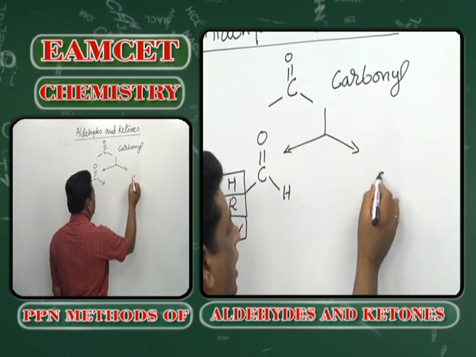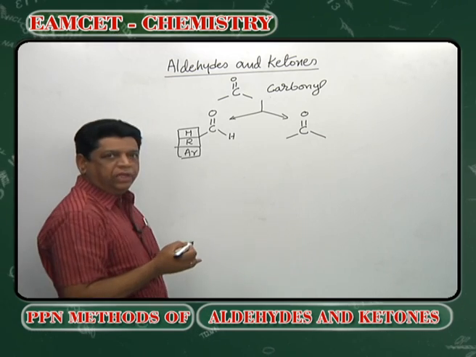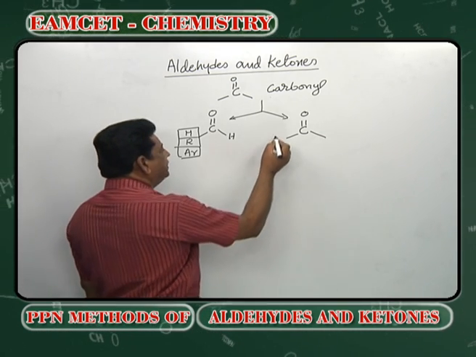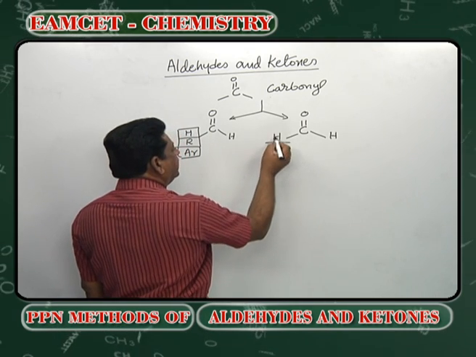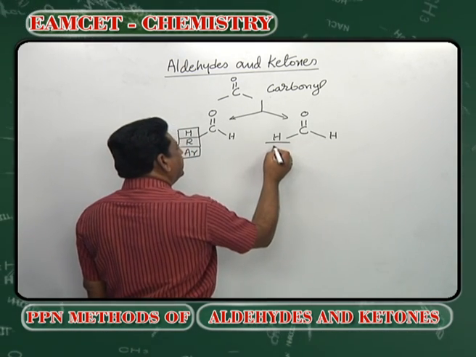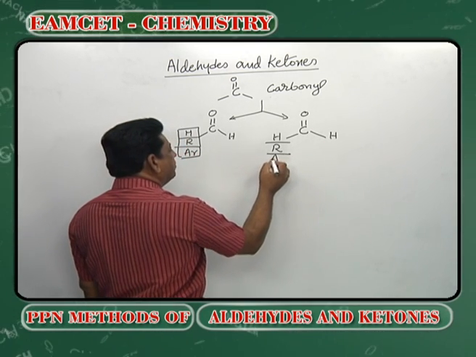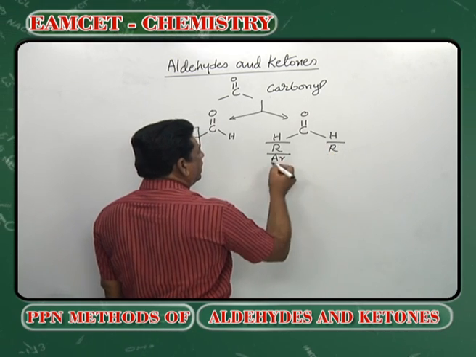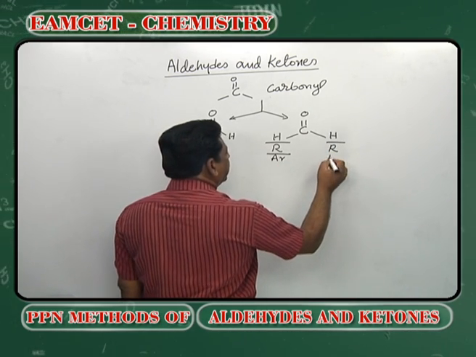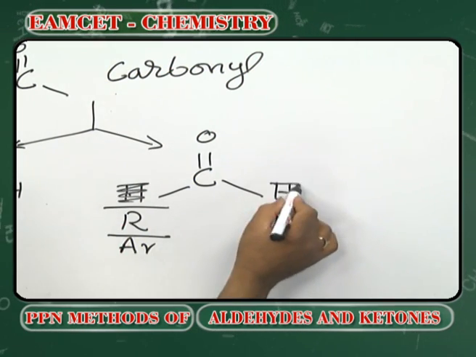Whereas a carbonyl group containing no hydrogen means both sides are alkyl groups, or one side alkyl and one side aromatic, or both sides aryl groups. The hydrogen should not be there.